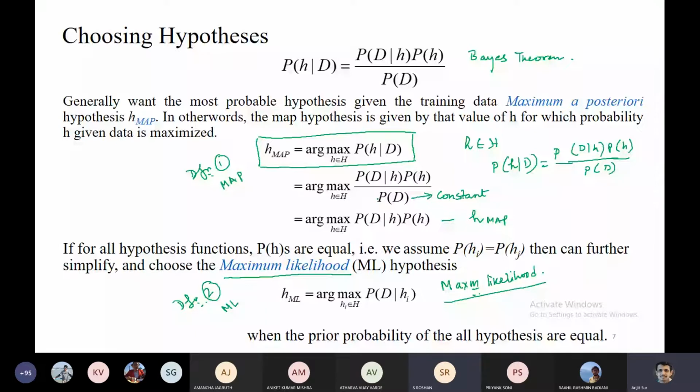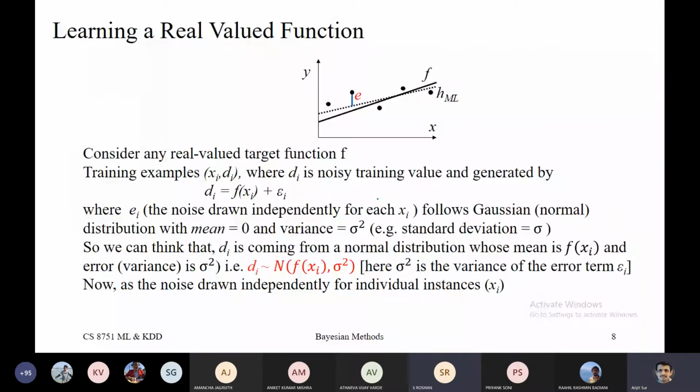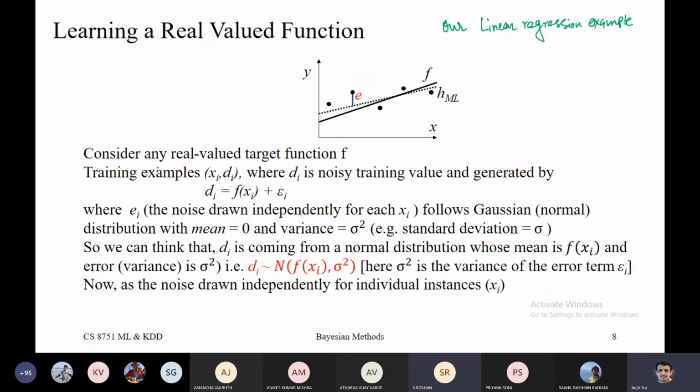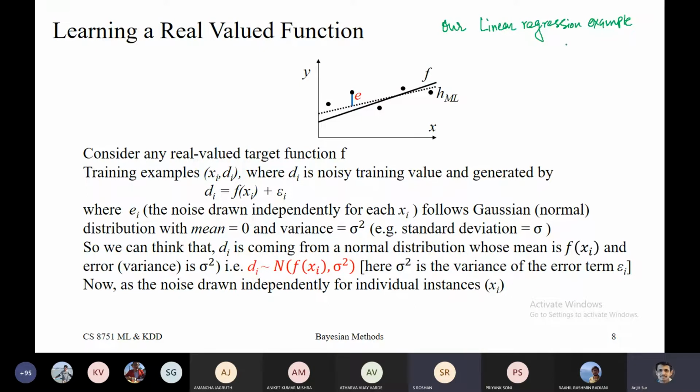Now, okay, we take an example of how these definitions work in a real life situation. We go back again to our linear regression example. I will represent this linear regression problem in a slightly different way here.